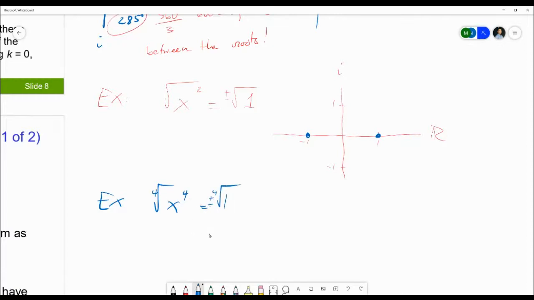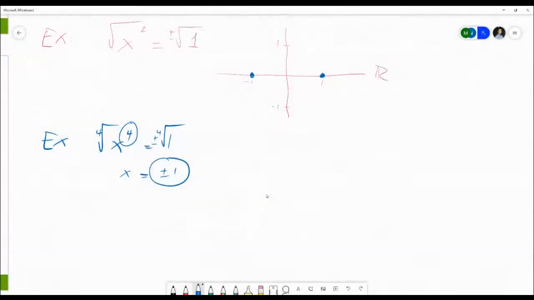So there's only 2 here, right? We are expected to have how many? 4. So where are the other 2? We know that 2 of the solutions are 1 and -1, but where are the other 2? Where do you think they are?